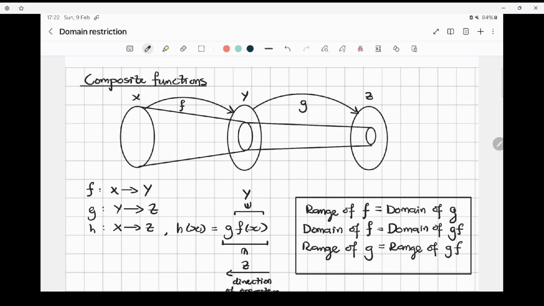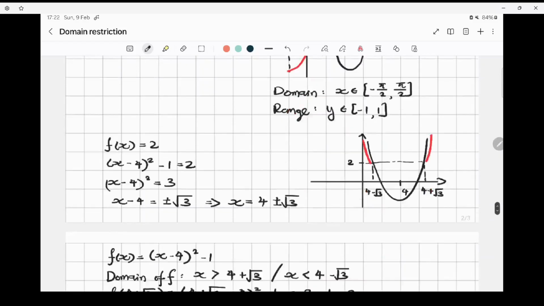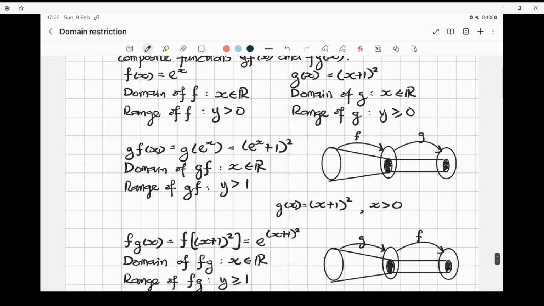If the range of F equals the domain of G, then all these 3 points are valid. But if the range of F is a subset of the domain of G, then you need to define your range of G based on the range of F, and that will become the range of GF. So you need to be slightly careful when this particular case happens.